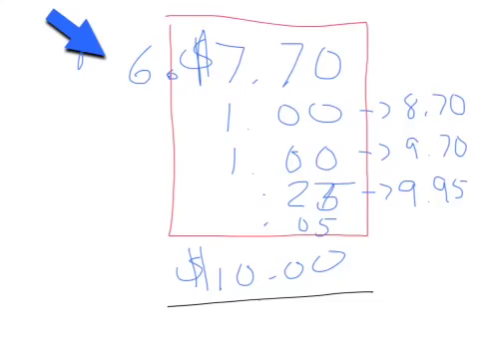So let's add that up quick. 0 plus 0 plus 0 plus 5 plus 5 is 10. Regroup the 1. 1 plus 7 is 8. Plus 2 is 10. Regroup. 1 plus 7 is 8. Plus 1 is 9. Plus 1 is 10. So we end up with the $10 that we started with.